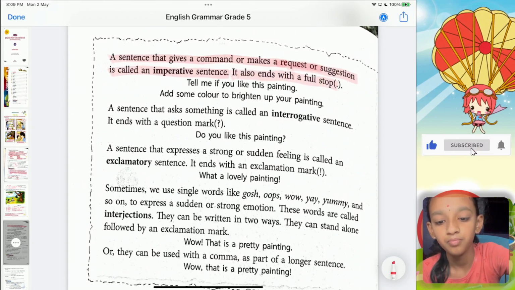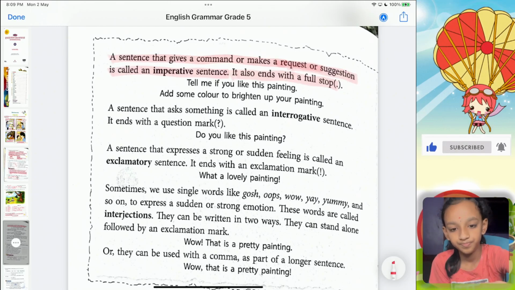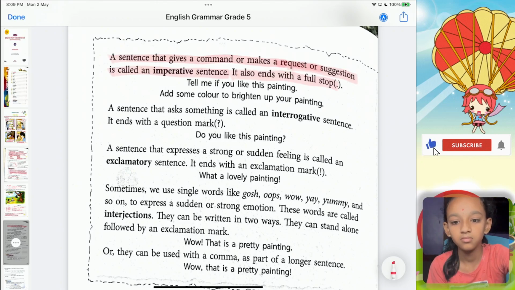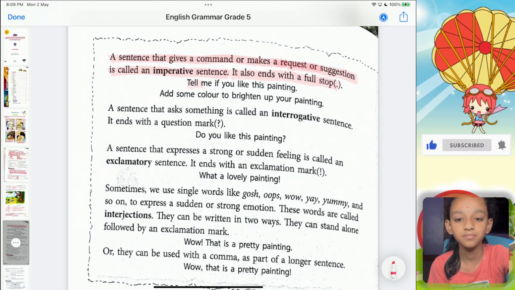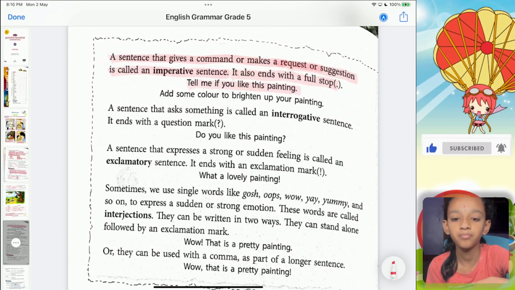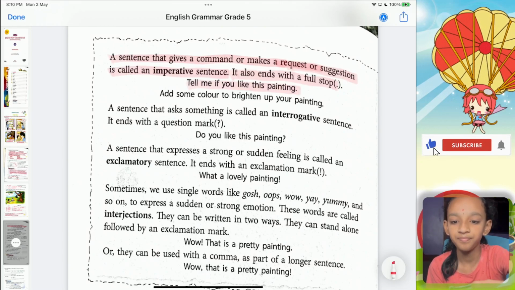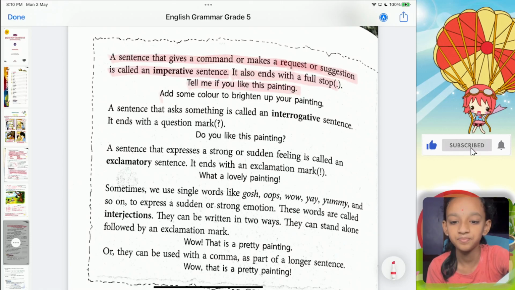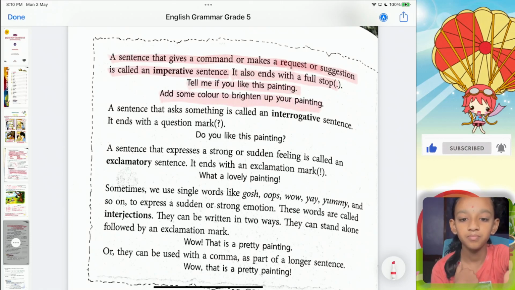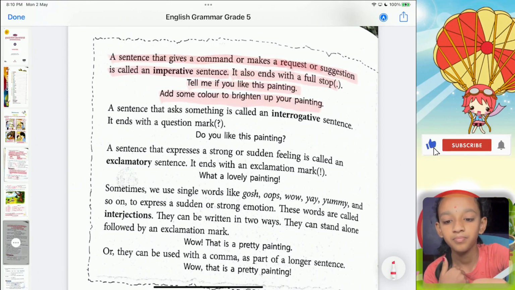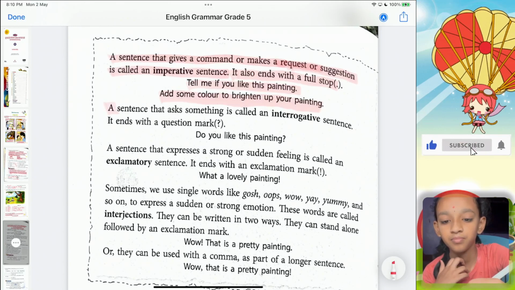So any sentence that makes a request or suggestion is called an imperative statement, and it also ends with a full stop. Tell me if you like the painting. So it is asking for a suggestion, so it's an imperative statement. Add some color to brighten up your painting. It's a suggestion, right? So it's an imperative statement or sentence.